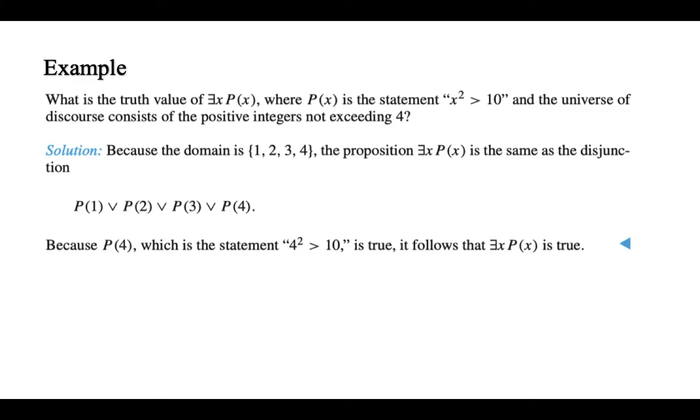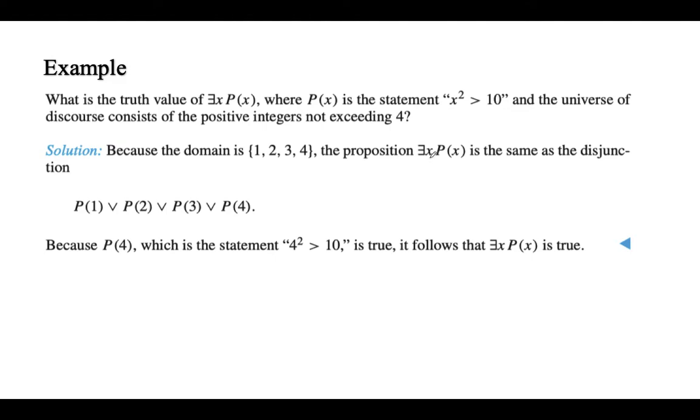If you check this statement, it is not true for 3, because 3 squared is 9, which is not greater than 10. But if you take x as 4 and square it, 16 is greater than 10, so this statement becomes true. The domain is 1, 2, 3, 4.